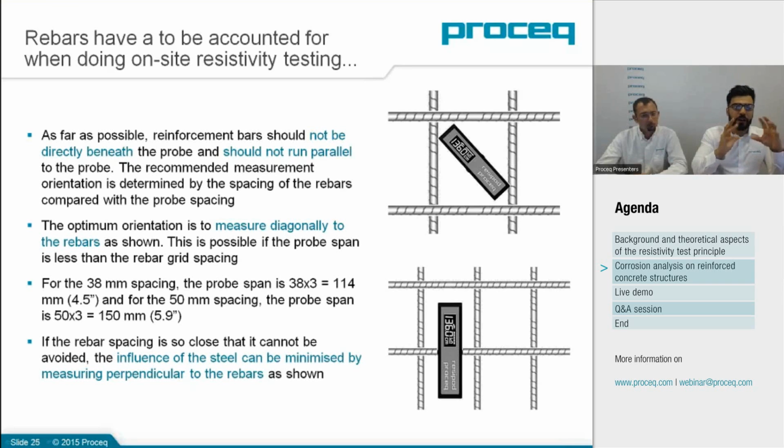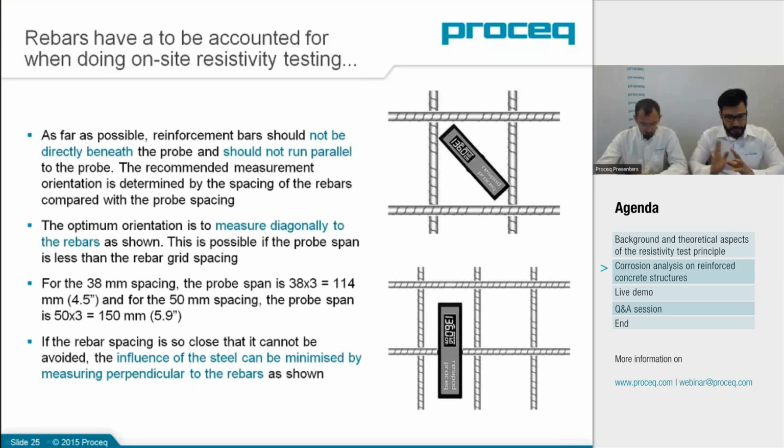All of this information is clearly shown and highlighted in the Resipod manual, so if you need additional information, please refer to that document. Lastly, as a side note, bear in mind that whenever you're dealing with covers above 30 millimeters, the effect of rebars becomes very small, so you could almost ignore them.